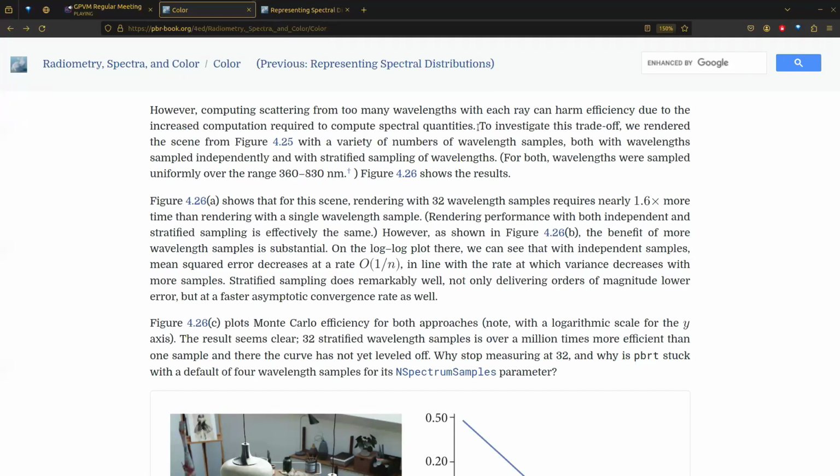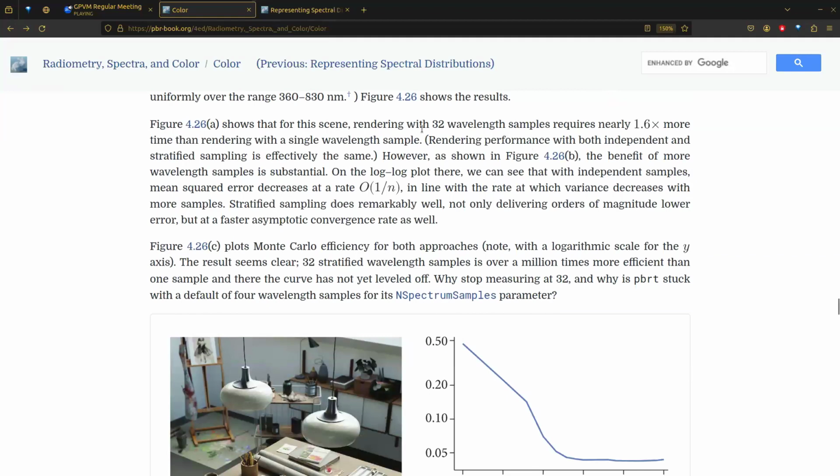To investigate the trade-off, we rendered with a variety of numbers of wavelength samples, both with wavelengths sampled independently and with stratified sampling, sampled uniformly over the range 360 to 830. That's interesting because you'll see 400 to 700 pretty often too. So that's into infrared, the 830.